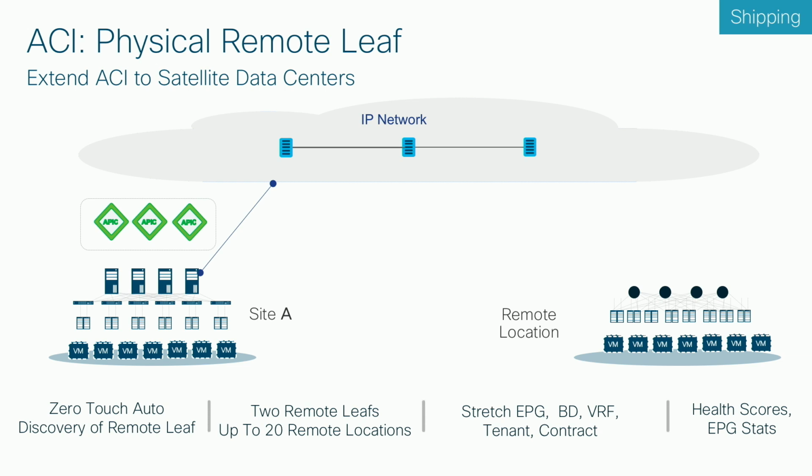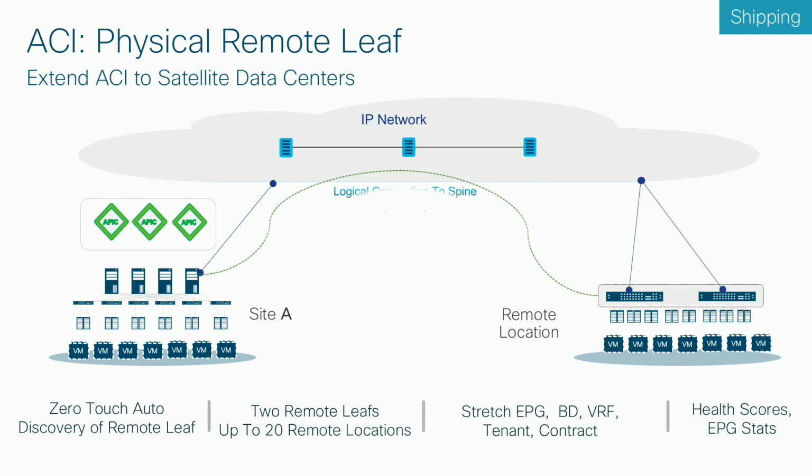Another thing we shipped fairly recently is what we call the physical remote leaf. This is a slightly different integration to the MultiPod. In this case, we have customers who say, I just want to get 2 leaves out to a colo, or I want to connect 2 leaves to my existing network and make them part of my ACI fabric.